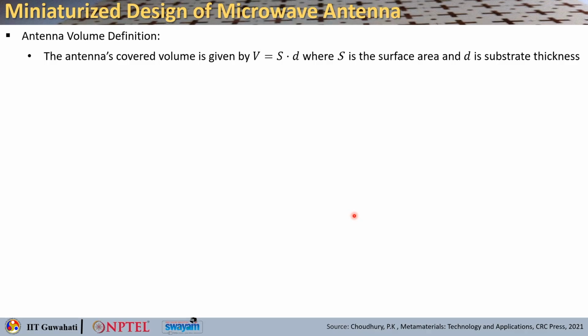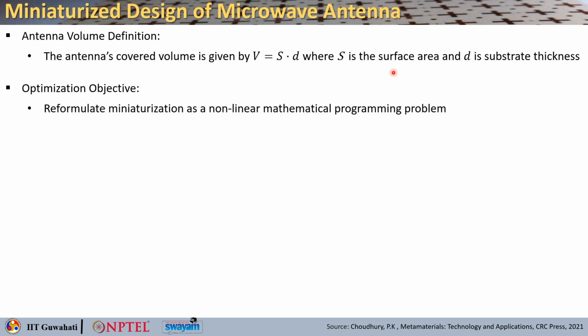So, the antenna part of the volume created by the patch is V equals S times d. So, S is basically the surface area of the antenna and d is the substrate thickness. Okay.